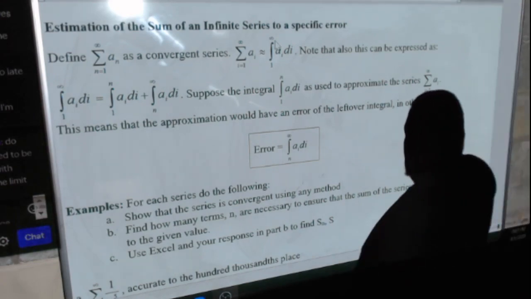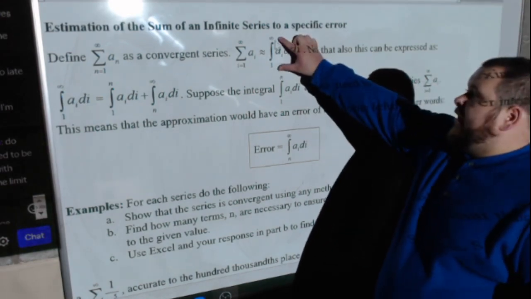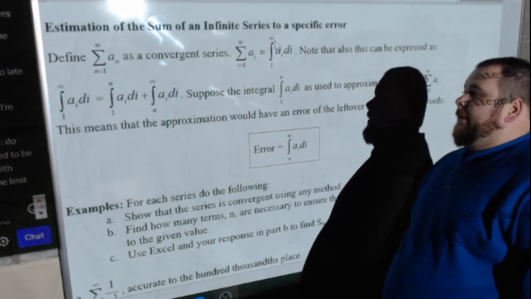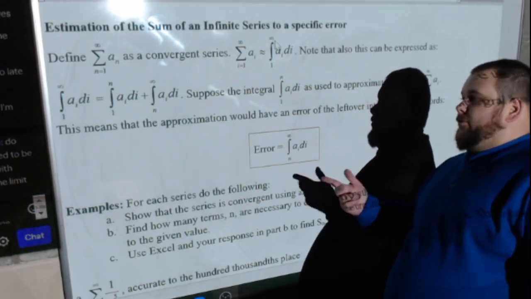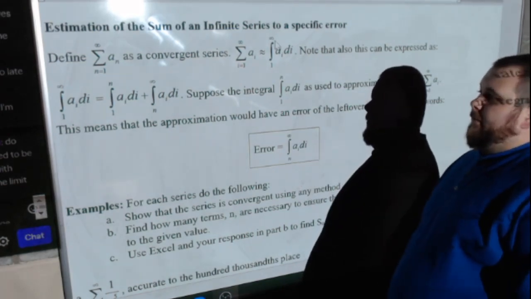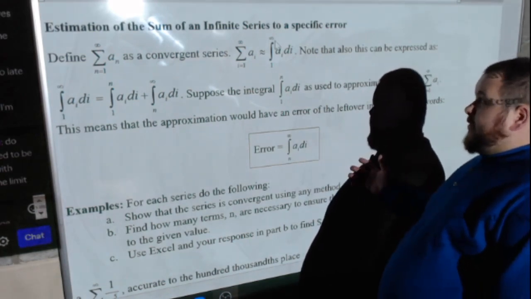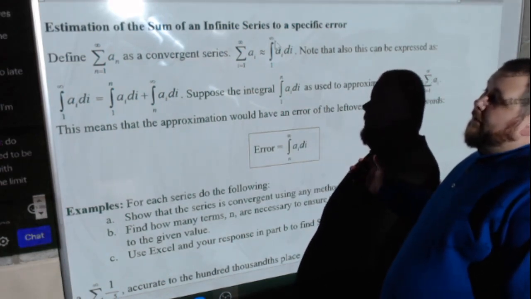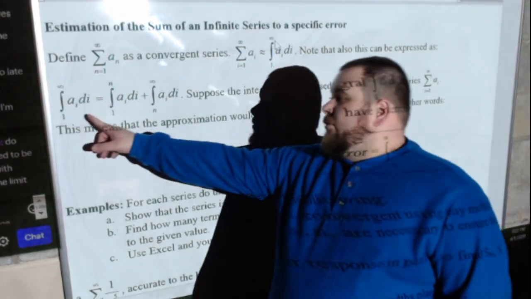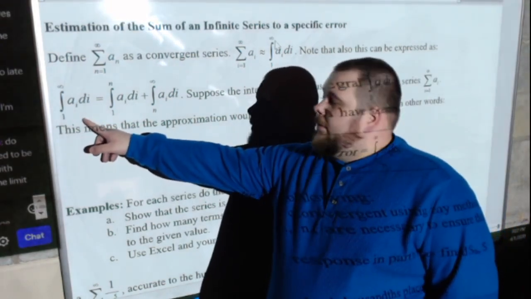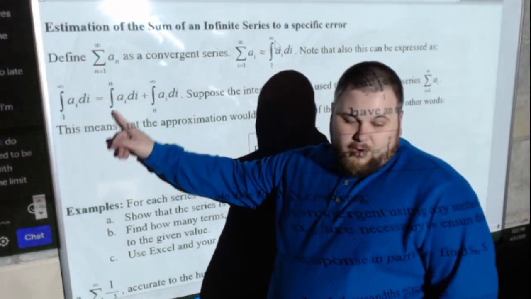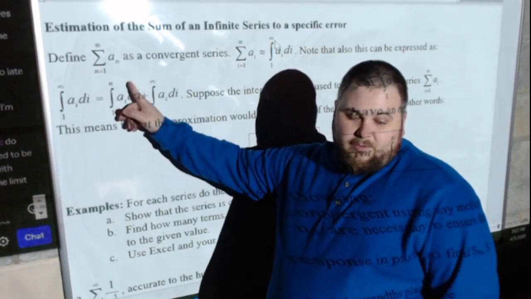You could take any integral and break it up into two integrals, or however many you like, as long as the function's continuous. So notice they took the integral here and split it up from 1 to n and from n to infinity.